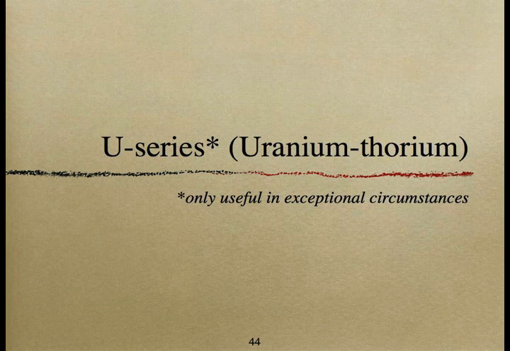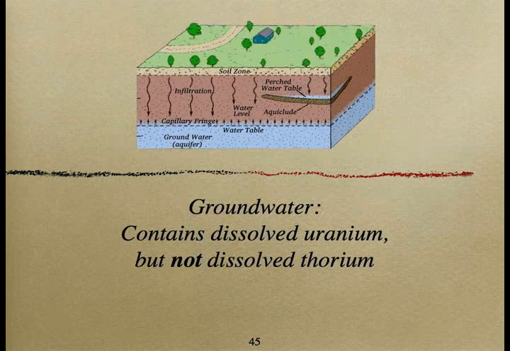Now, the next dating method is the U-series dating method, and this can be really useful under exceptional circumstances. It turns out that the substance that gets dated with U-series dating is actually pretty common. Calcium carbonate nodules are what you're using to date, right?